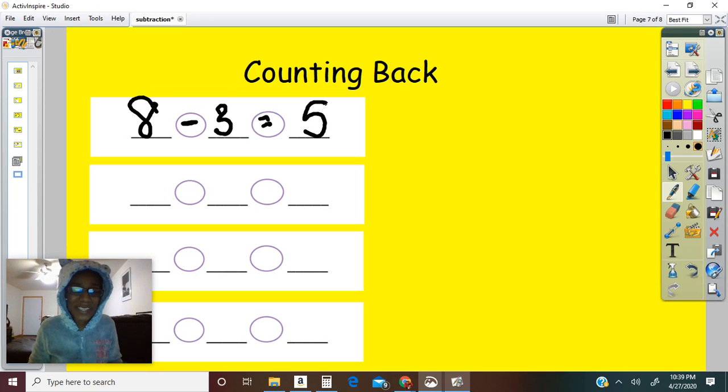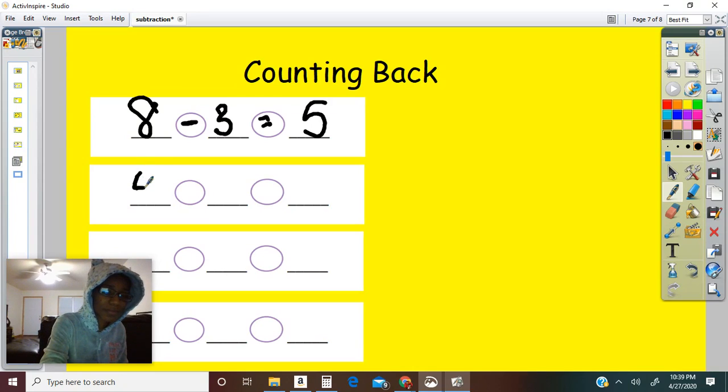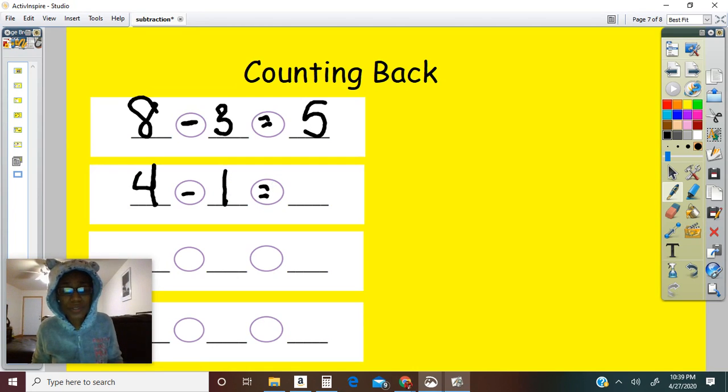Let's count backwards again. This time, we'll figure it out doing 4 minus 1. 4. Now we must count backwards. Remember, when I get up one finger, the number that I end up saying last is going to be my answer.